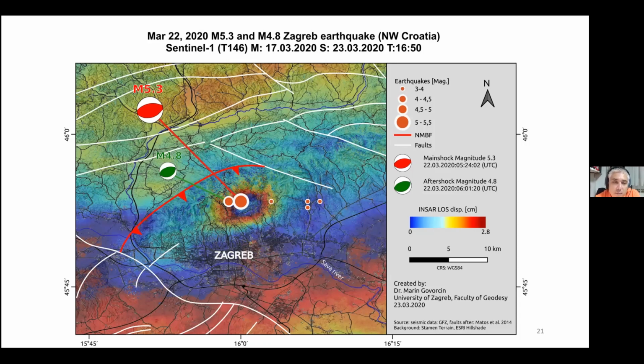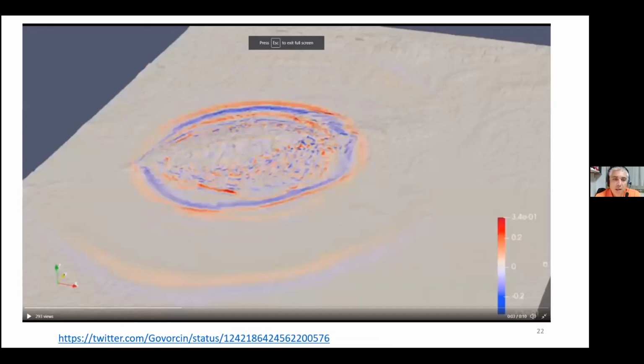With the white line are marked the faults, which are, let's say, responsible for the earthquakes that have occurred in the Medvednica epicentral area.